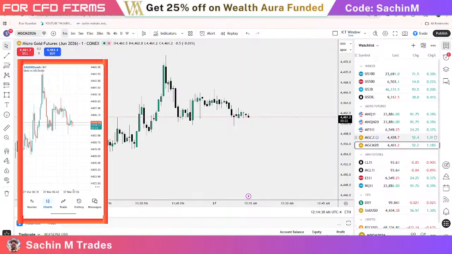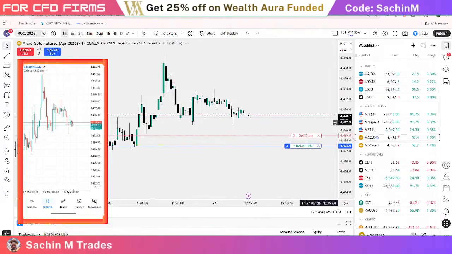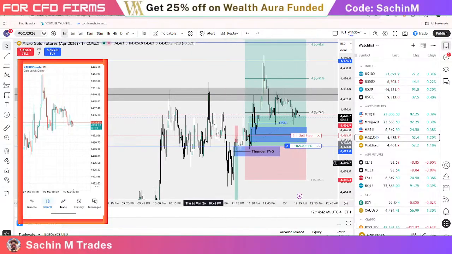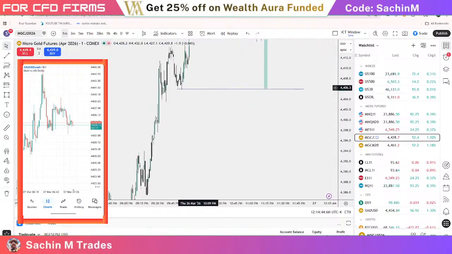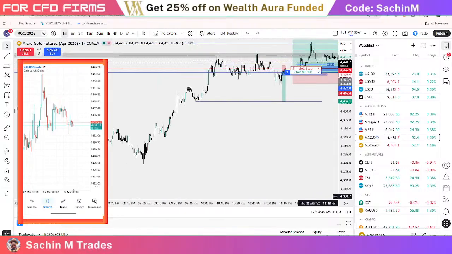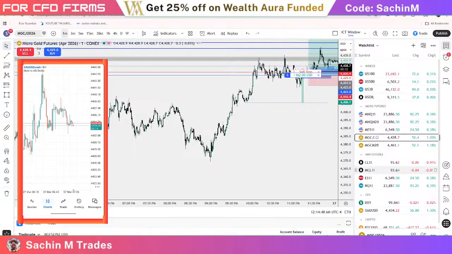I was hoping for a big move during the Asia session, and I think the move already happened while I was asleep. Did we get any fair value gap? Let's check.